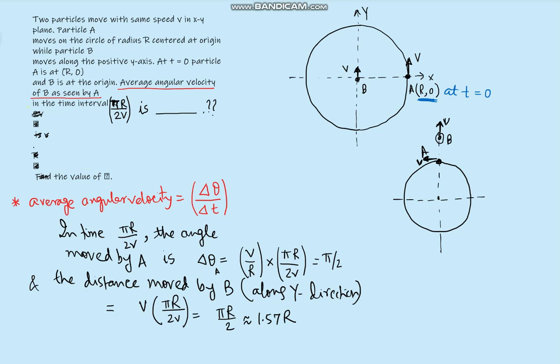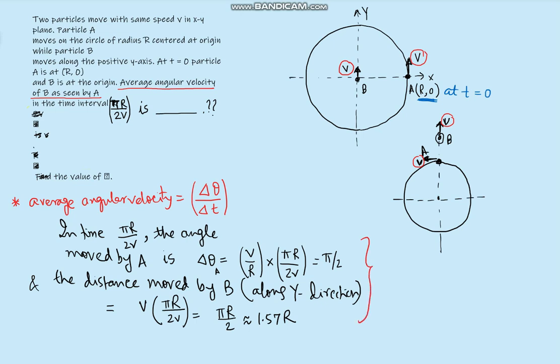When A and B both were starting, with v and v, they were parallel to one another, so the relative direction was 0. After that time, they are moving in perpendicular directions. That means with reference to A, the B has moved by 90 degrees.